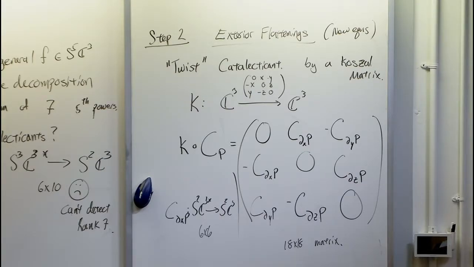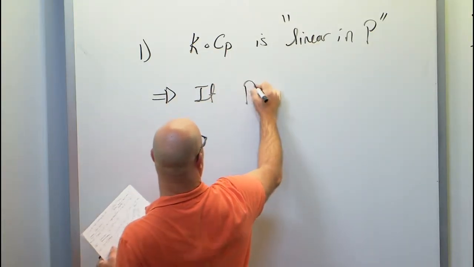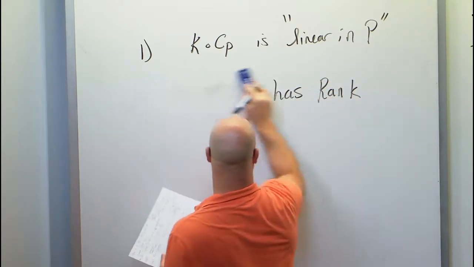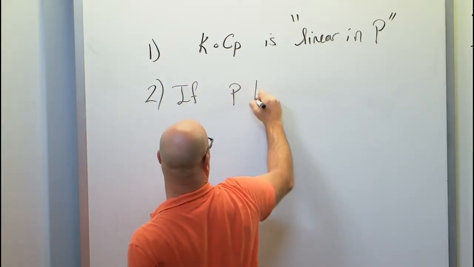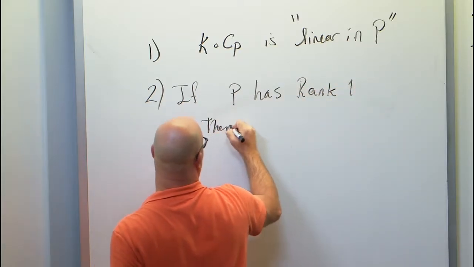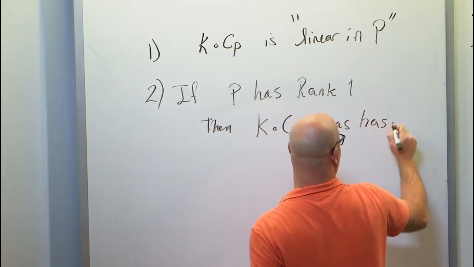So here are the facts. One, K twisted with P is linear in P. In 2, if P has rank 1, then K twisted with C_P has rank 2.